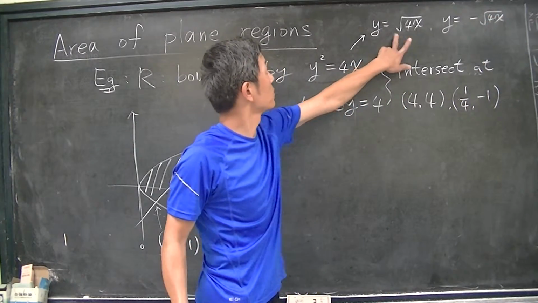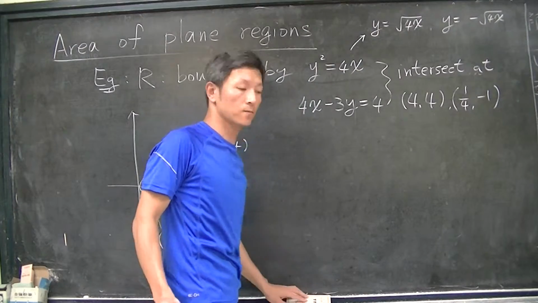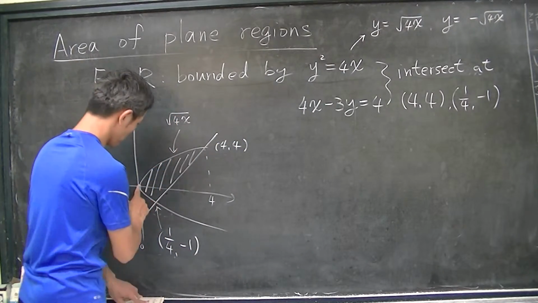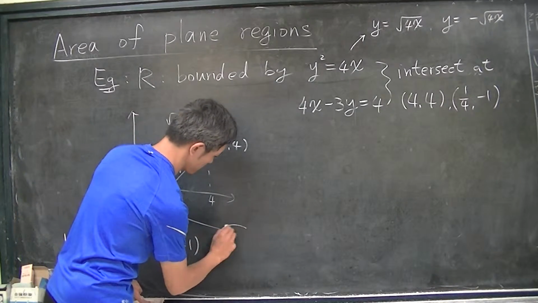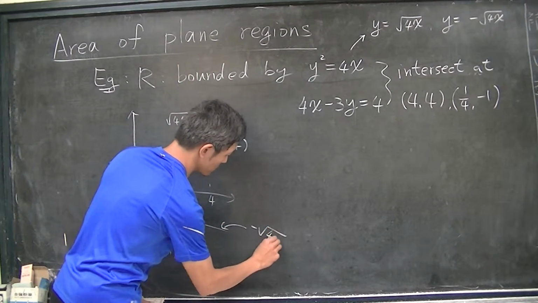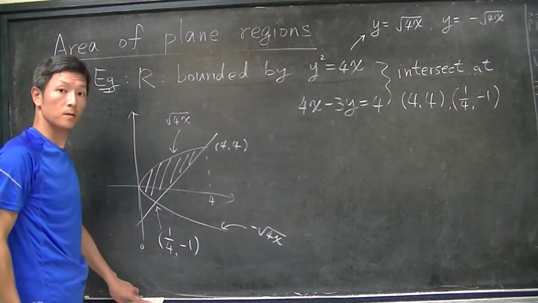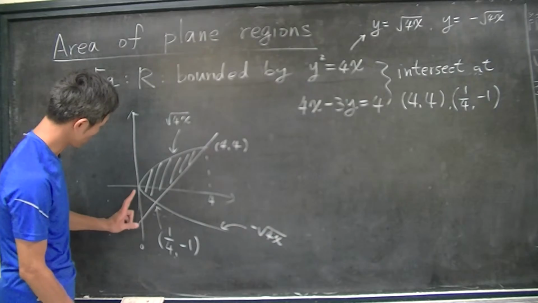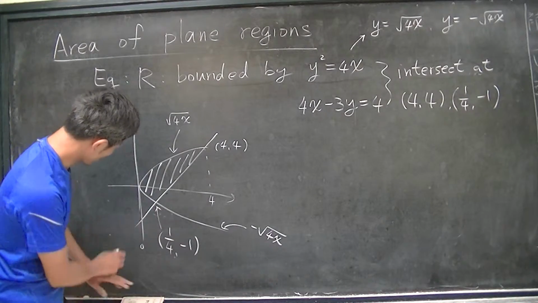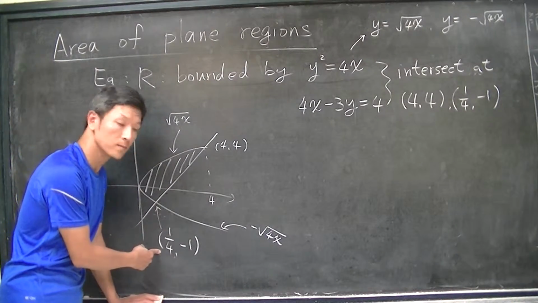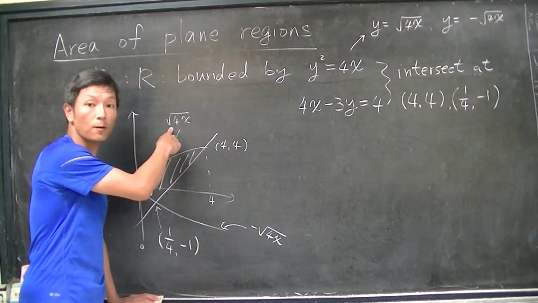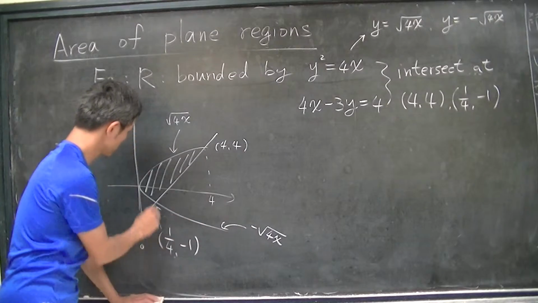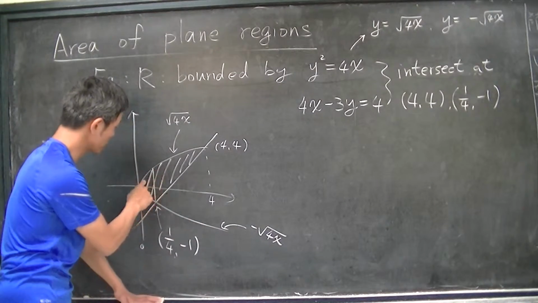The top one is y equals square root of 4x, and the bottom part is negative square root of 4x. When x is between 0 and 1/4, the top is square root of 4x and the bottom is negative square root of 4x. So we need to separate into 2 pieces.